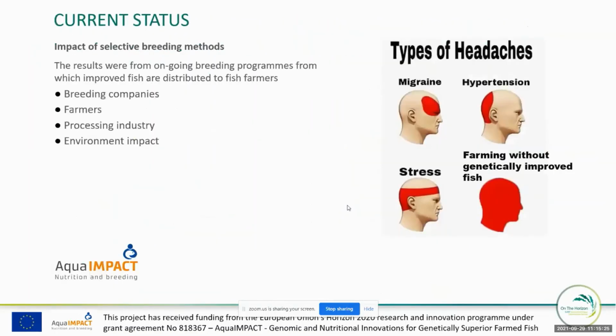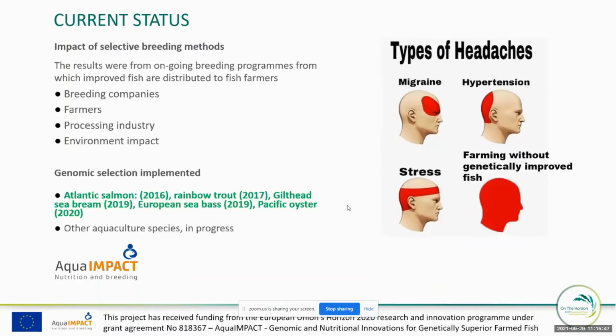Okay, the current status: all these results come from ongoing breeding programs from which the fish are distributed to the farmers. So this is already implemented and in use, and of course the breeding companies benefit, but the impact goes through farmers, processing industry, and to the environmental impact.